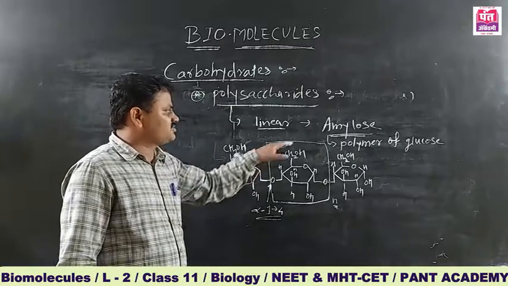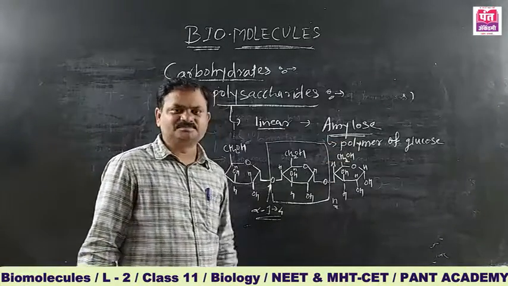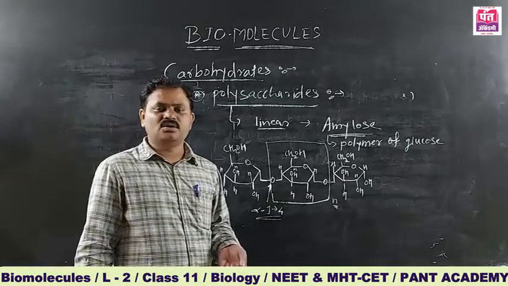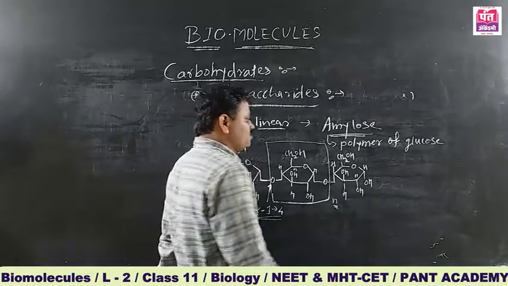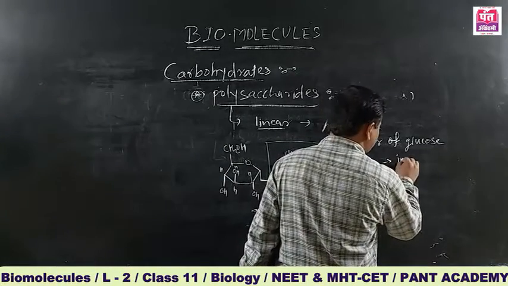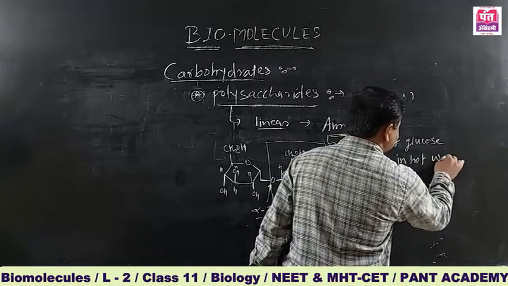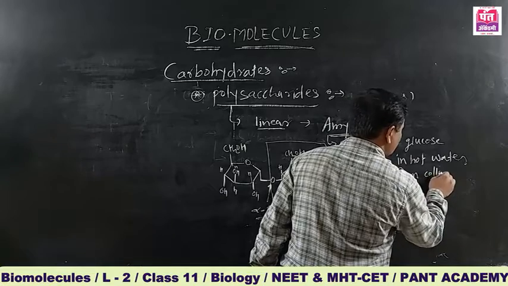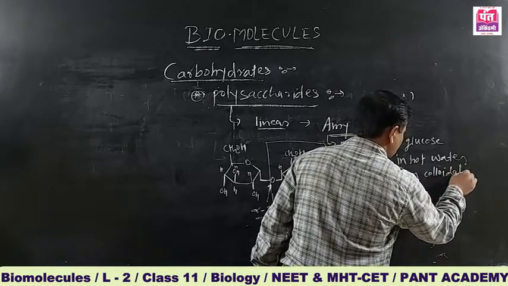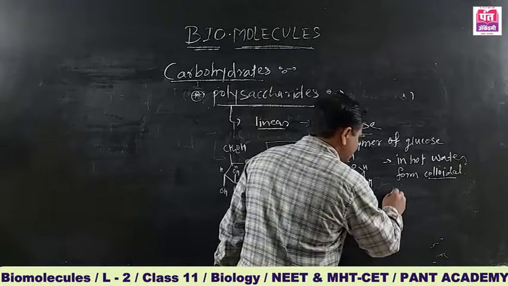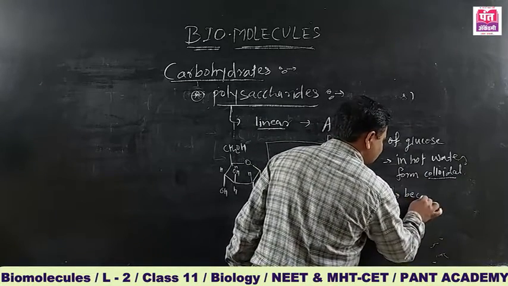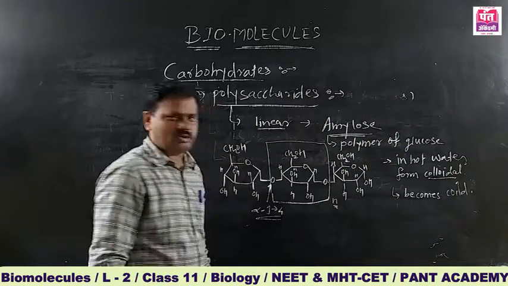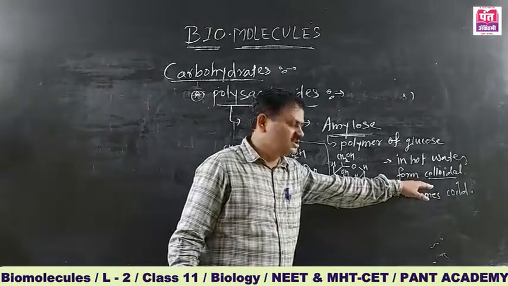So like this, you can see formation of a linear polymer. When we put this amylose into water, or into hot water, it forms a colloidal solution, because this linear polymer becomes coiled in the hot water, and therefore that solution becomes a colloid.